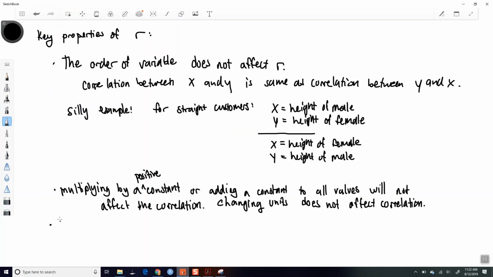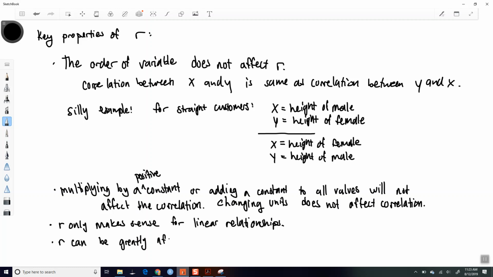Okay, again, R only makes sense for linear relationships, and can be greatly affected by outliers.